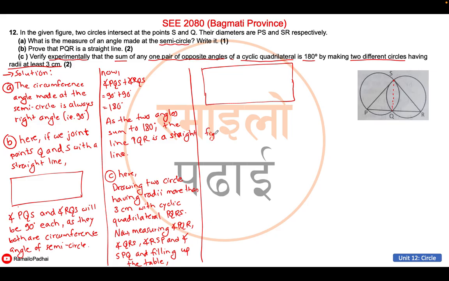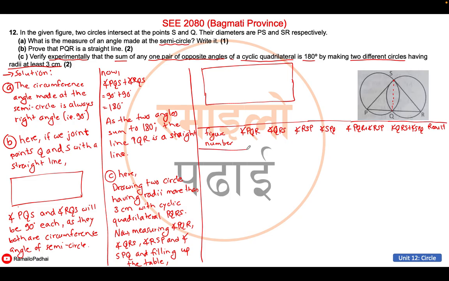This will be figure number, angle PQR, angle QRS, angle RSP, angle SPQ, angle PQR plus angle RSP, angle QRS plus angle SPQ, and here will be the result.